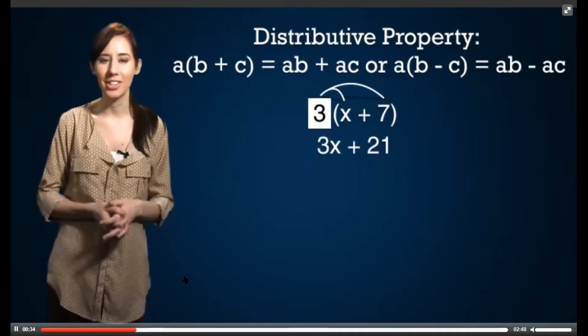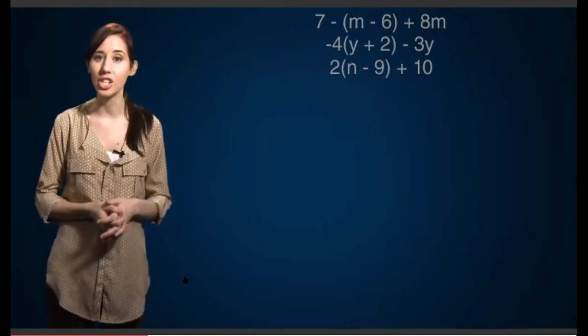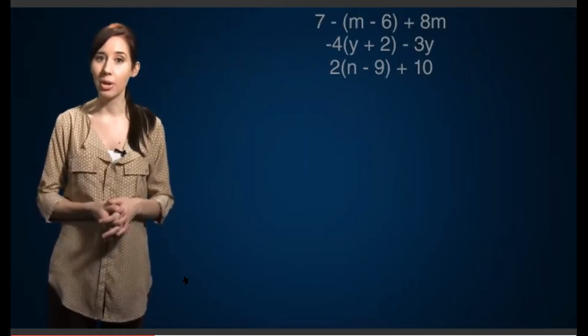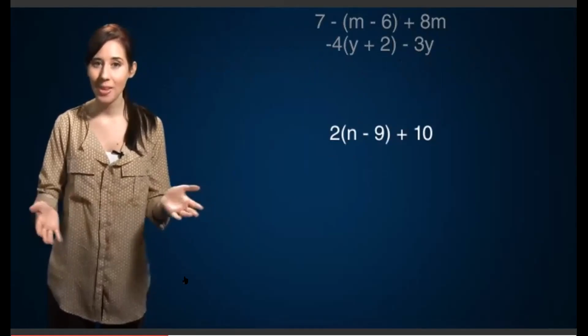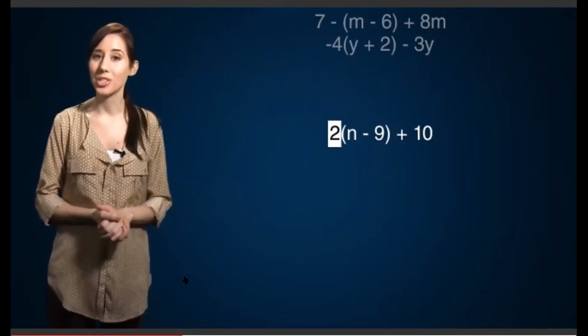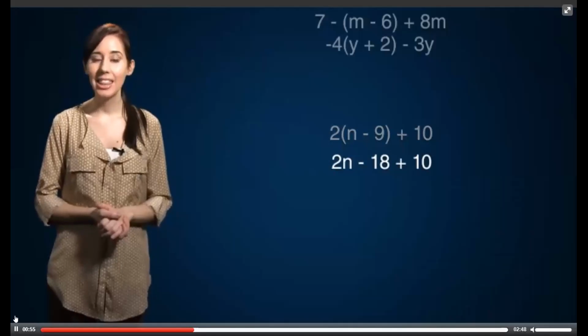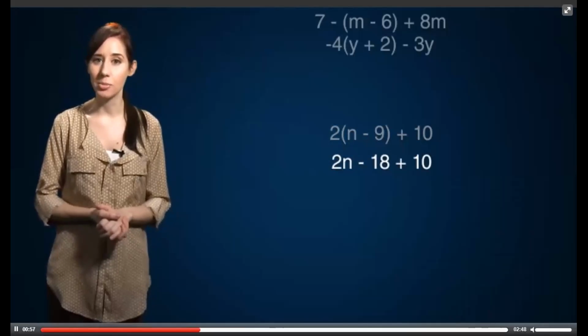Let's try some other examples together. When simplifying algebraic expressions that contain parentheses, first use the distributive property to remove the parentheses. So, in this example, multiply 2 by each term inside the parentheses, which results in 2n minus 18. The next step is to combine the like terms.